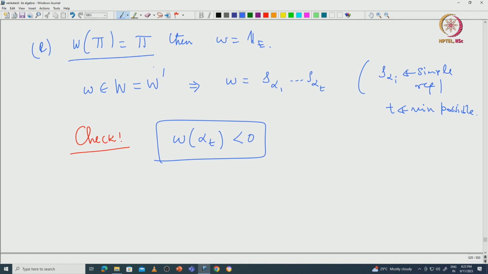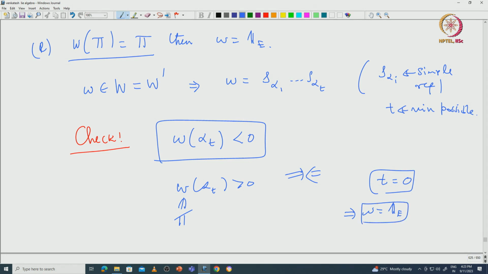So, that means w of alpha t must be positive, because this is again inside pi, which actually gives us a contradiction. So, that forces that this t must be 0. So, that forces that this w must be identity on E. So, this proves that w acts on this set of bases simply transitively.